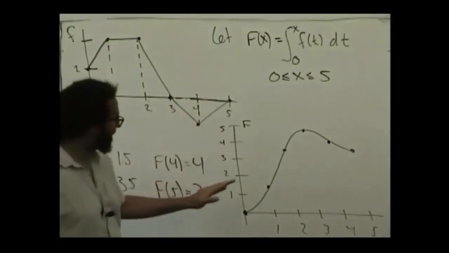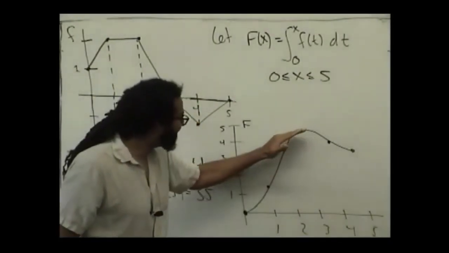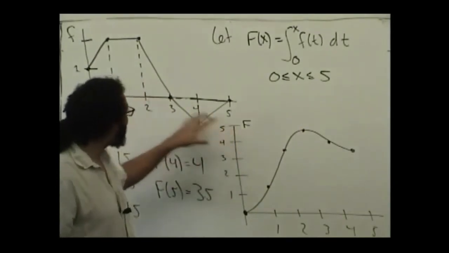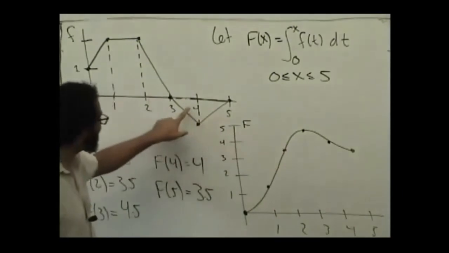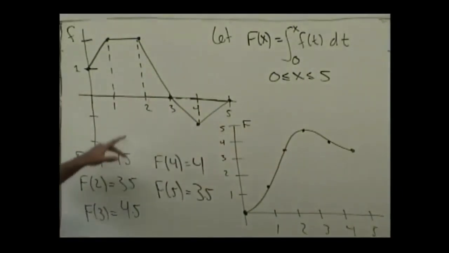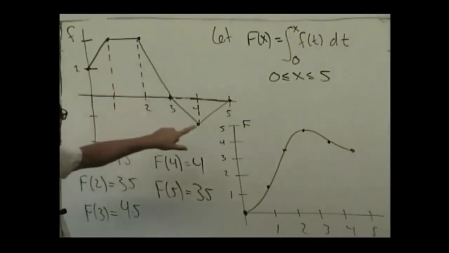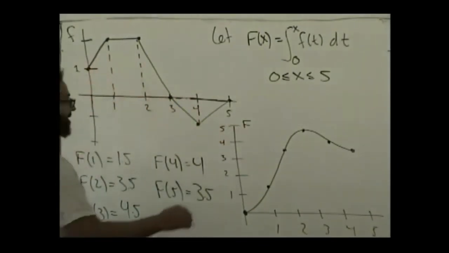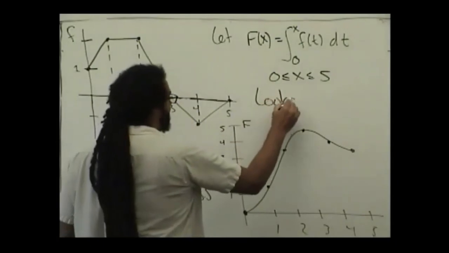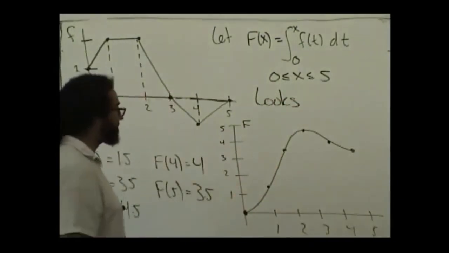And remember, if the function is increasing, then its derivative is positive. And then when the function is decreasing, then its derivative is negative. So it looks like the derivative of capital F is equal to lowercase f. And that's an important observation.